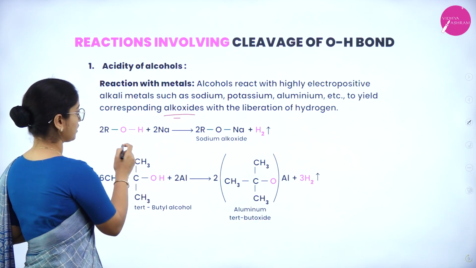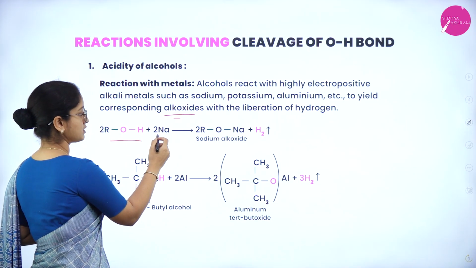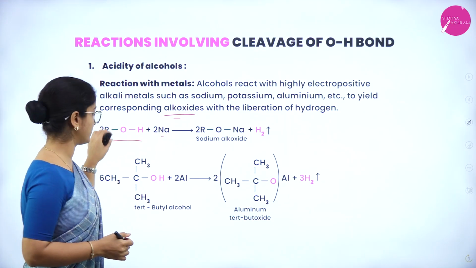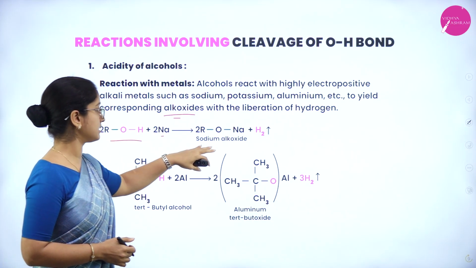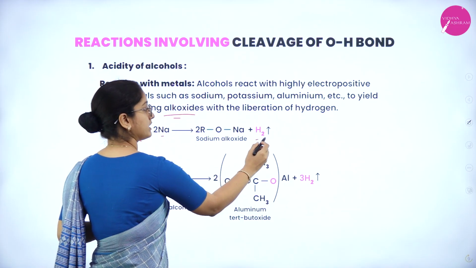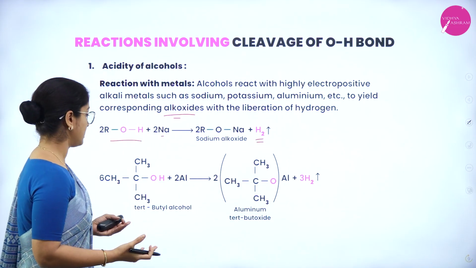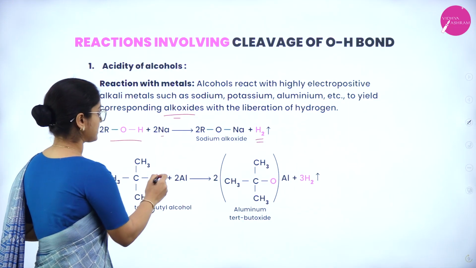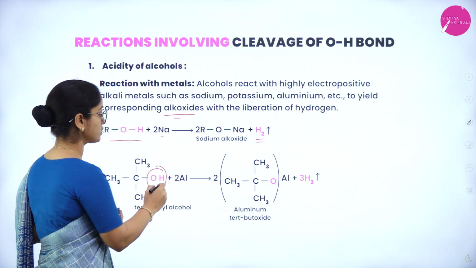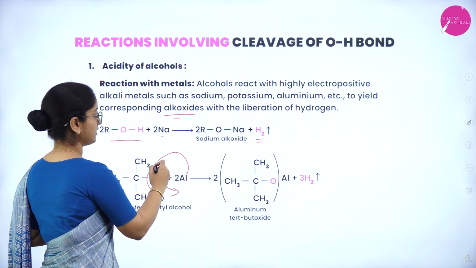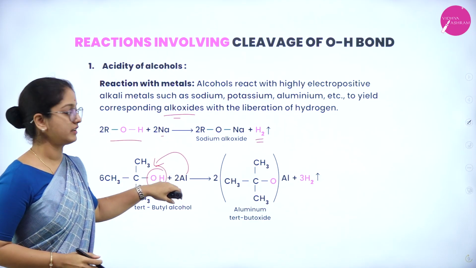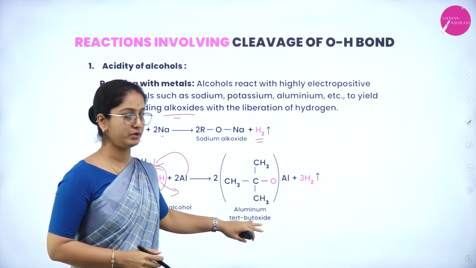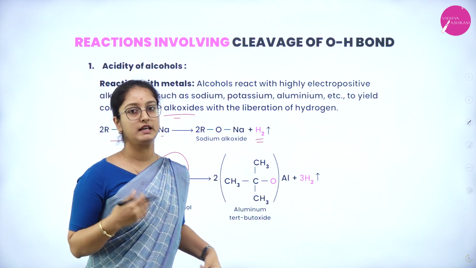Here an alcohol reacts with a suitable metal, forming sodium alkoxide, along with which hydrogen is liberated. Here is one more example, tert-butyl alcohol, wherein hydrogen is liberated and the metal replaces it, forming aluminium tert-butoxide, and hydrogen is liberated.